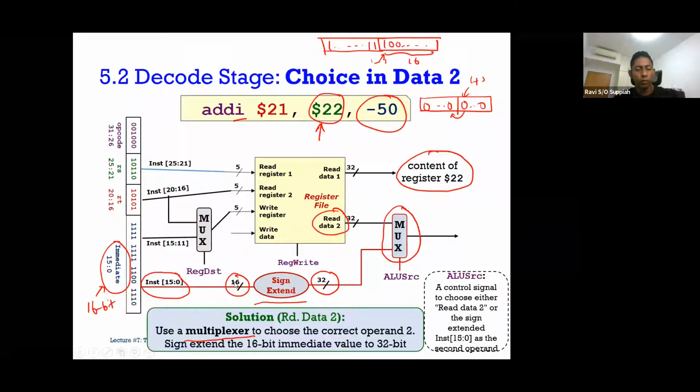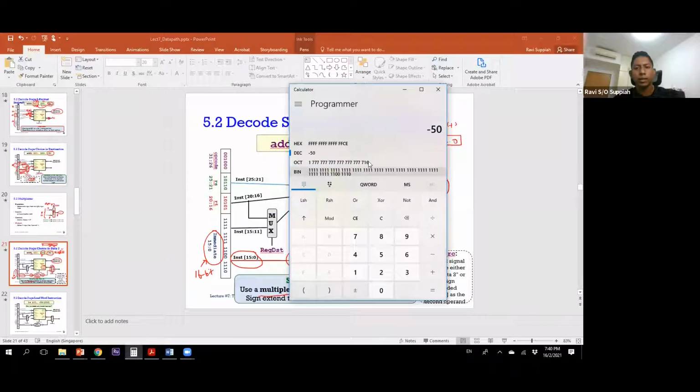If you look back at the calculator, you can see that the same negative 50 is specified whether it's 16-bit, 32-bit, or 64-bit. All the ones in front make no difference because it's just a sign extension. As long as the most significant bit is 1, if I extend, it makes no difference to the value.